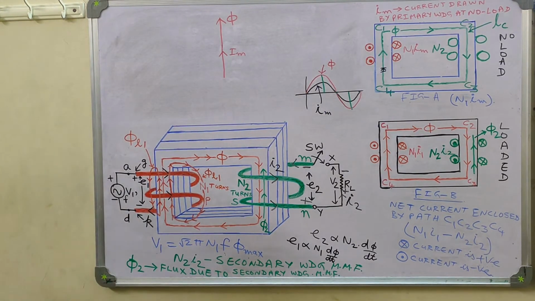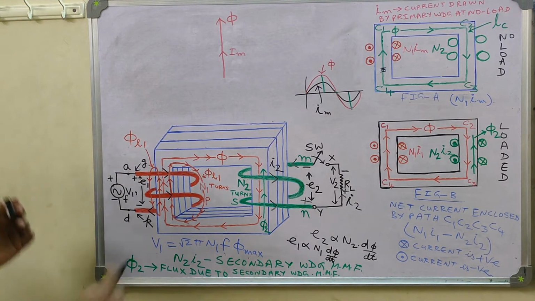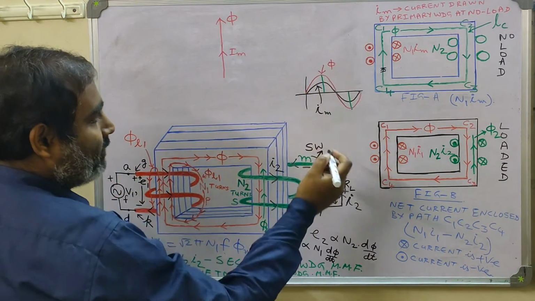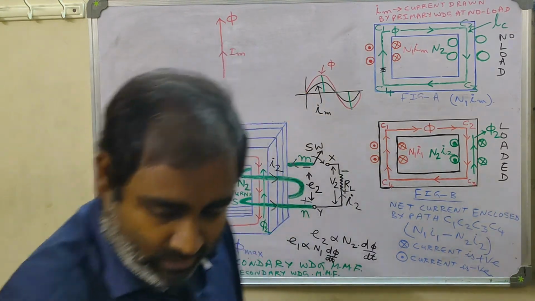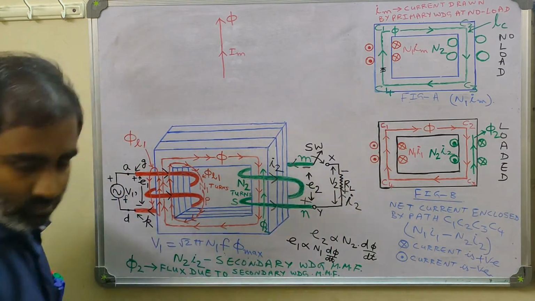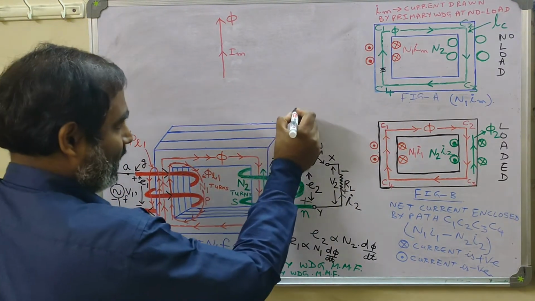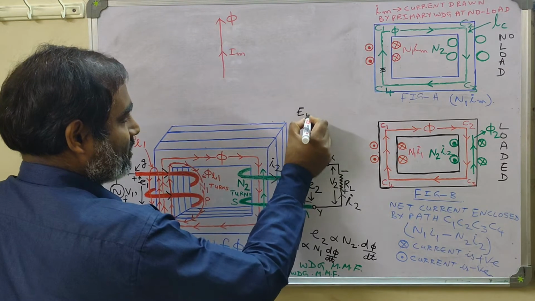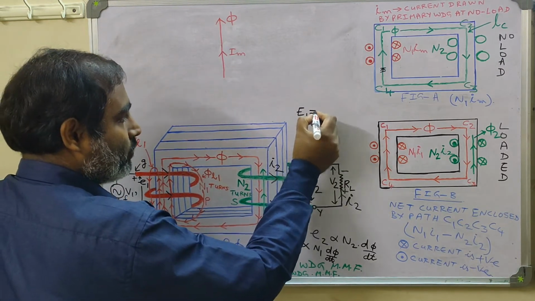Now we can draw E1 and E2, but before we draw them, let me write the expressions for E1 and E2 so that we can correlate. I am not writing the instantaneous value, I am writing the RMS value. What was the RMS value of E1?